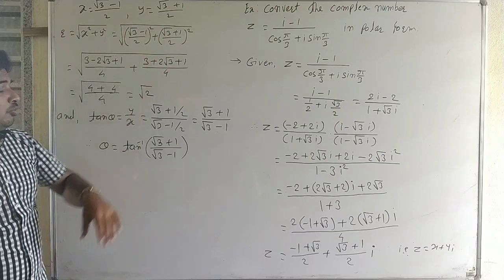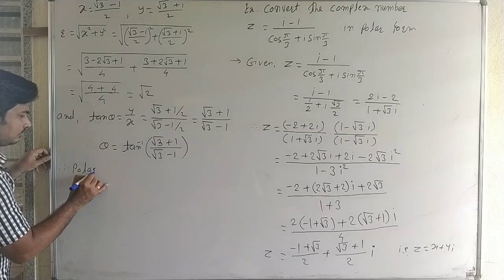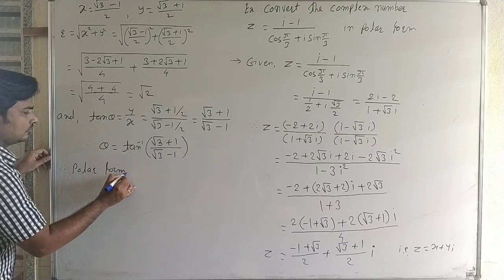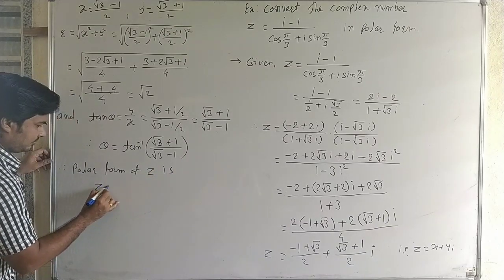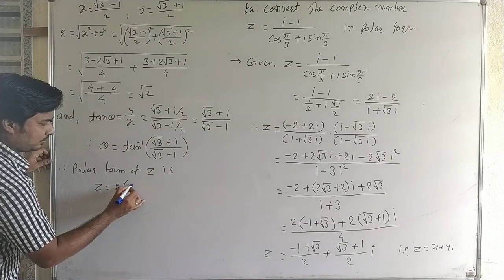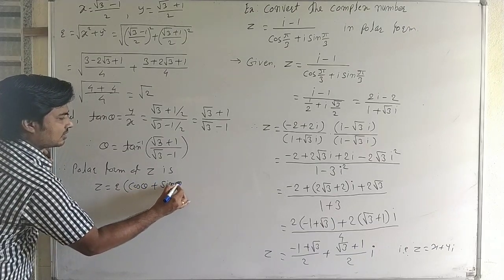Therefore the polar form of z is r(cos theta + i sin theta).